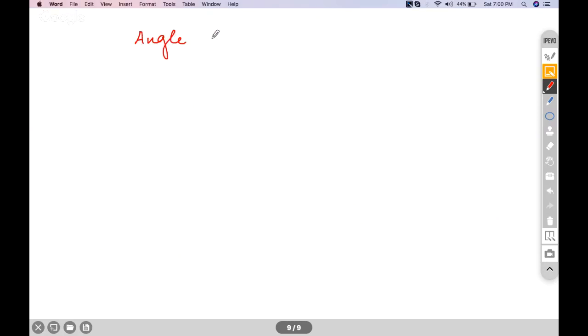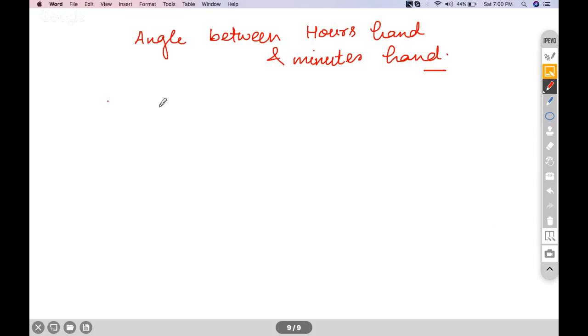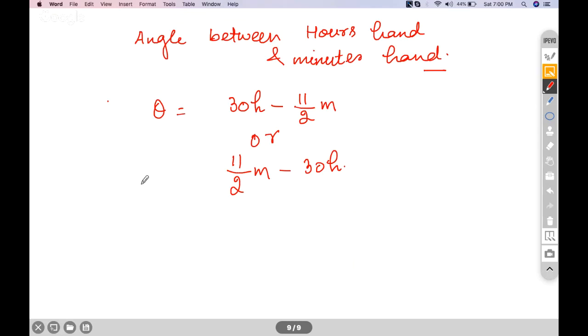The formula is: the angle between the hour hand and minute hand, theta is equal to 30H minus 11 by 2 M. Write this formula.